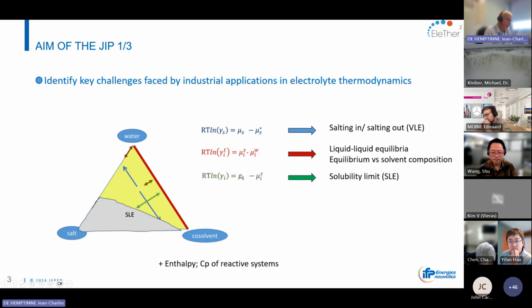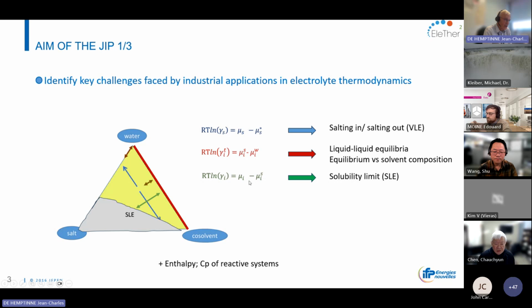The second impact is related to the ions themselves, or the reacting species, how they behave when they are in a mixed solvent compared to pure water. And this is the same property, in fact, the energy of transfer, that is also driving the liquid-liquid equilibrium.